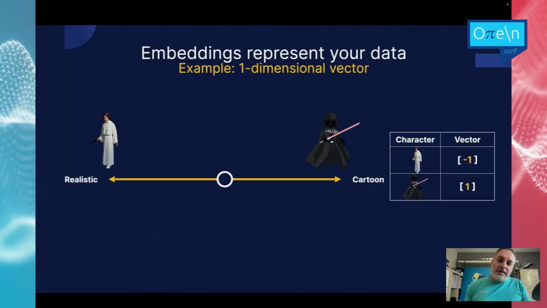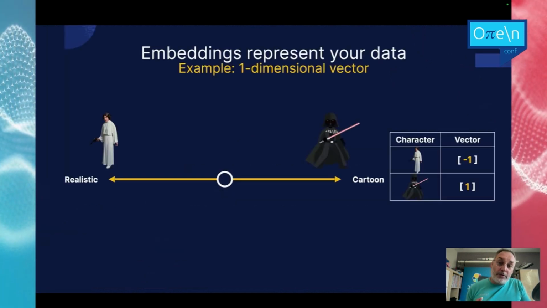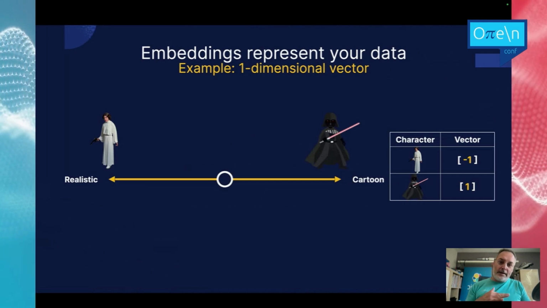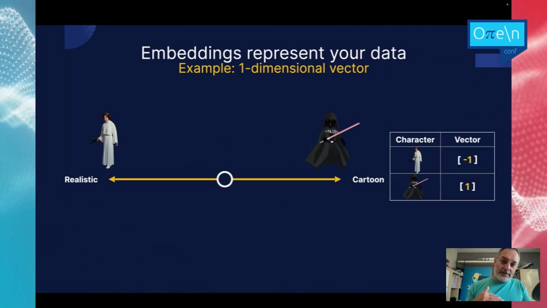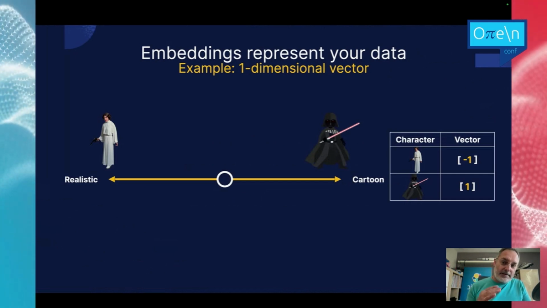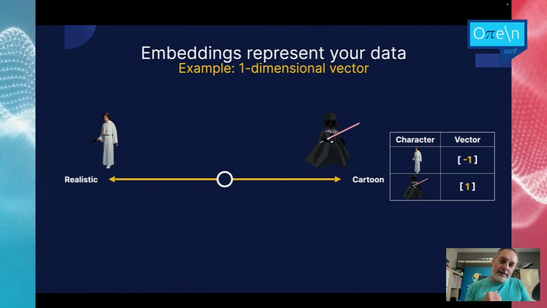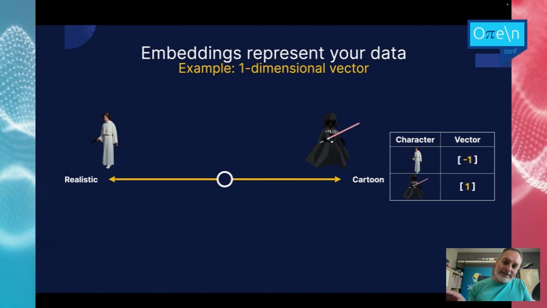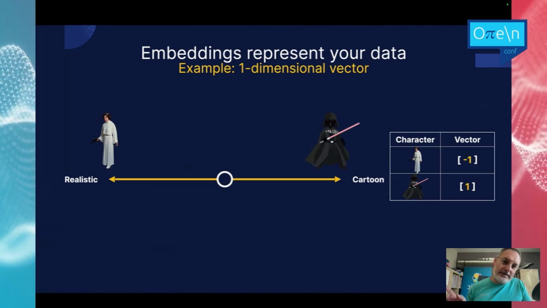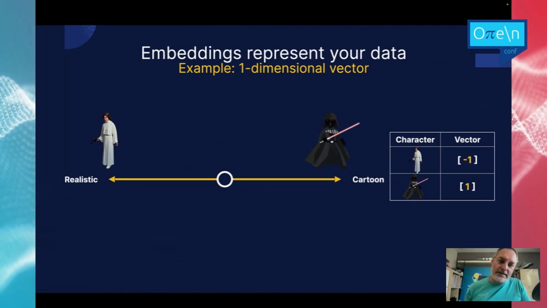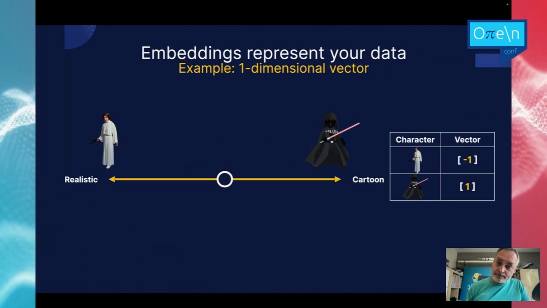A vector basically helps you represent your data. Here I have one axis where I represent my image: realistic on the left, or a cartoon on the right. I put Princess Leia on the left because she's realistic, and Darth Vader on the right because he's not realistic, he's a cartoon.